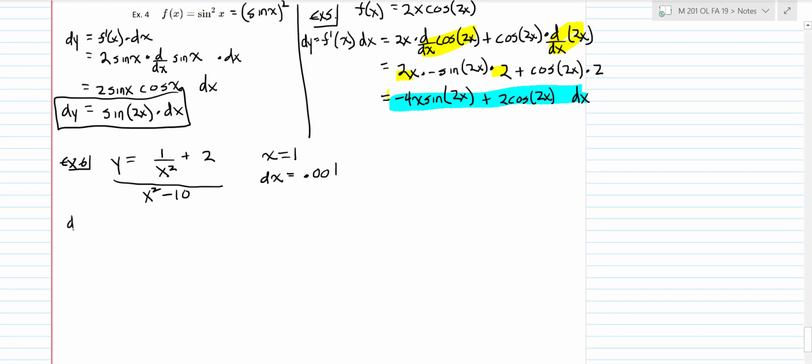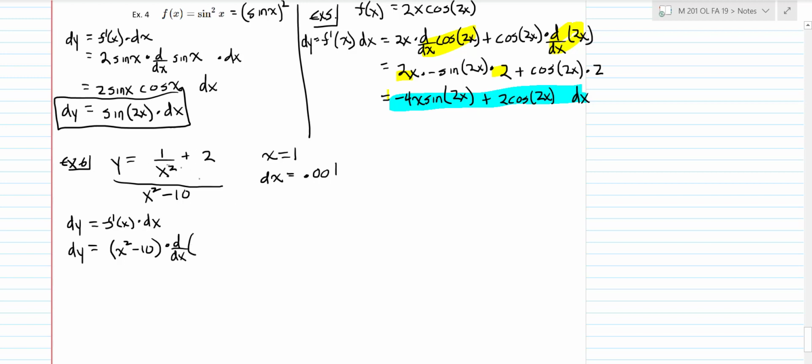What you're going to do is dy is equal to f prime of x times dx. All right, so we got to do this with the quotient rule. So we're going to go ahead and start the derivative here. We take the bottom, x squared minus 10, times the derivative of the top.